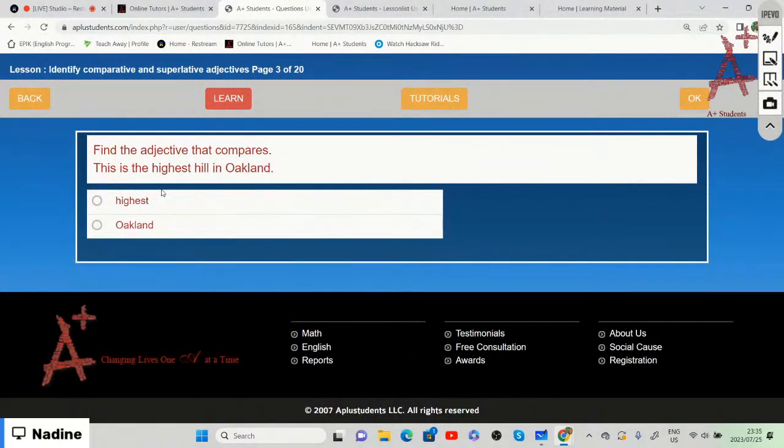This is the highest hill in Oakland. Is it highest or is it Oakland? We need to choose the adjective that compares within the sentence.